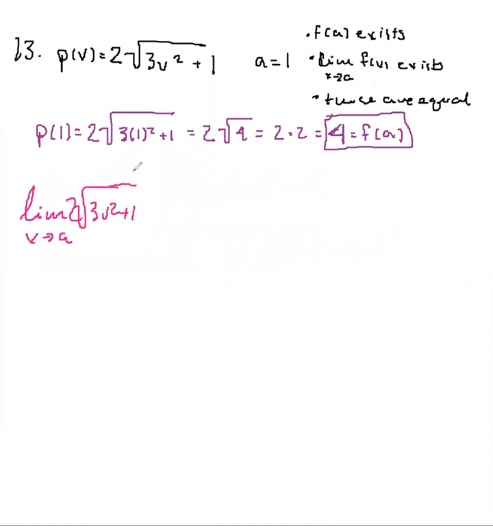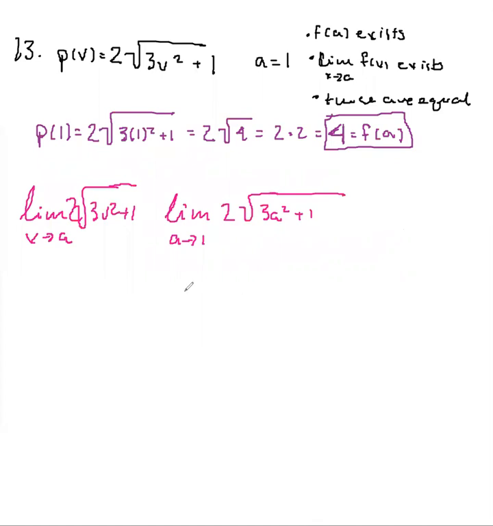As we did in the other problem, we can use the substitution here to say that this is the limit as a goes to 1 of 2 root 3a squared plus 1.